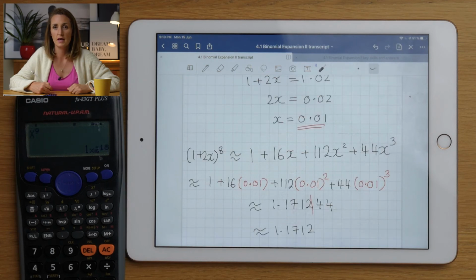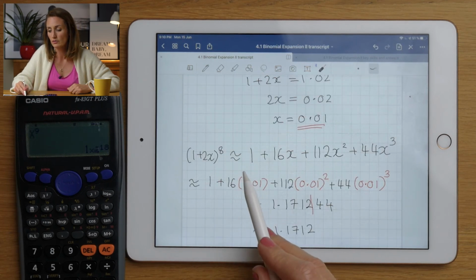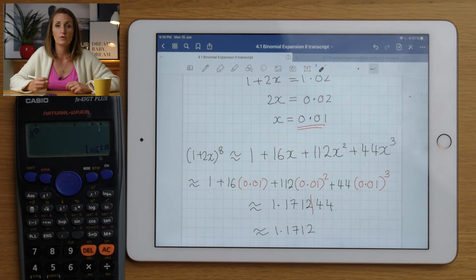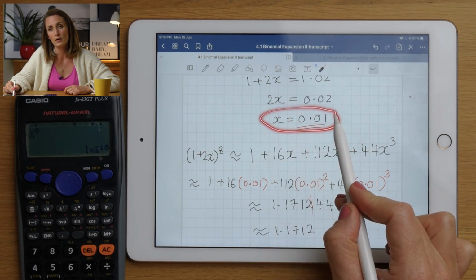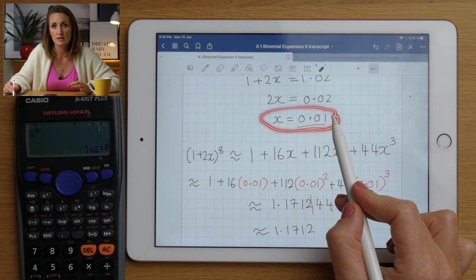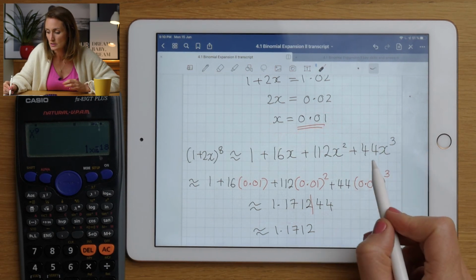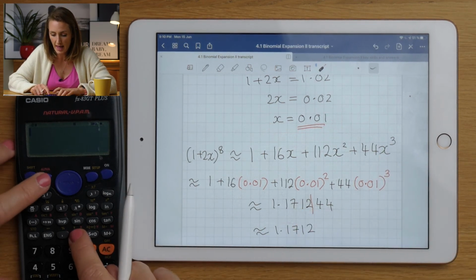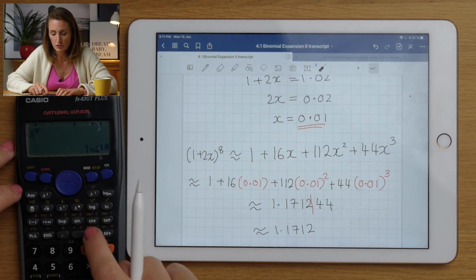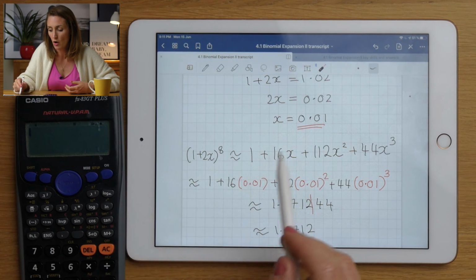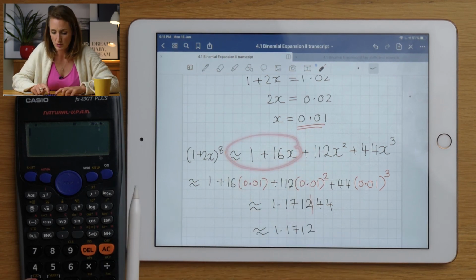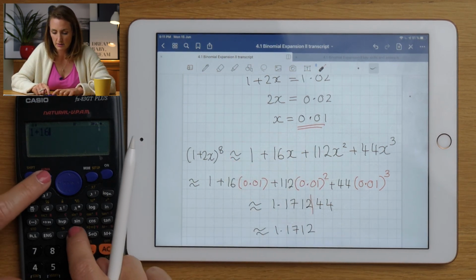So to summarize that point, although we've only used the first 4 terms, we've got a very accurate answer. We've got a very accurate answer because if we have x as a number smaller than 1, the higher the power is, the smaller the number is going to be. So, for example, even imagine at x power 9, you're dealing with tiny, tiny numbers. Whereas, imagine that we just used only the first 2 terms, 1 plus 16x.